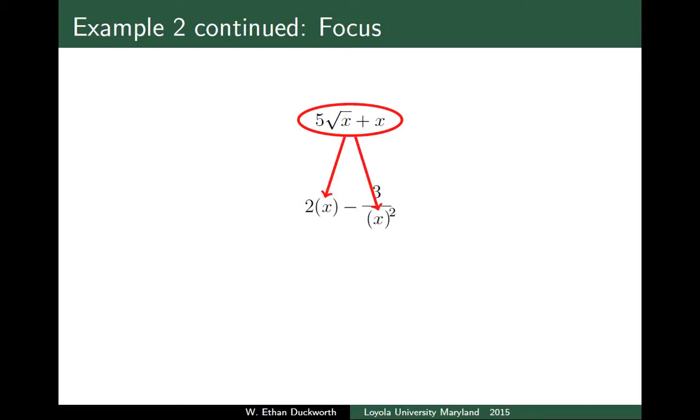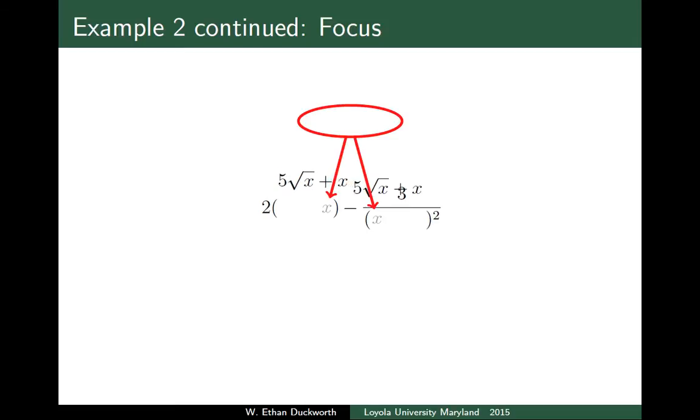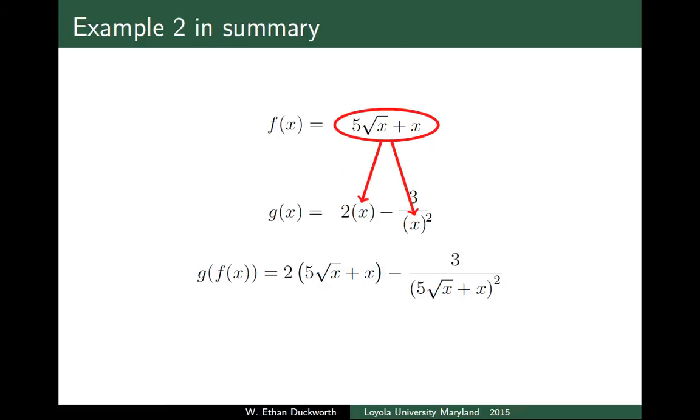And then I'm going to draw arrows showing you where the stuff on top goes. And there's the animation. And that's the result. And let me again summarize this. We have f on top, we have g in the middle, and on the bottom we have the result of plugging the stuff into g.